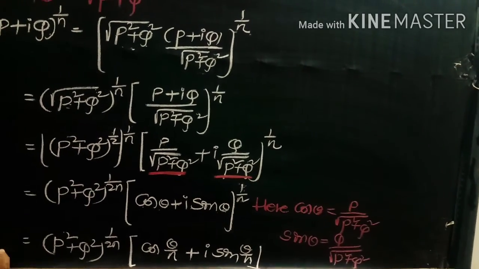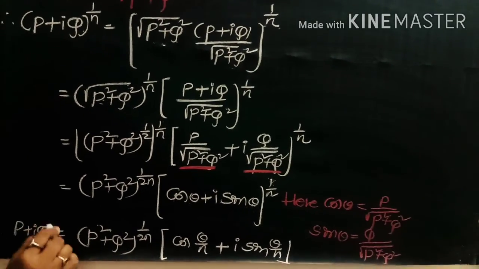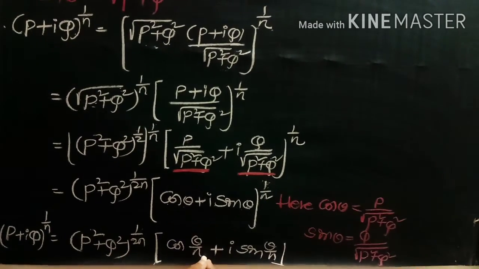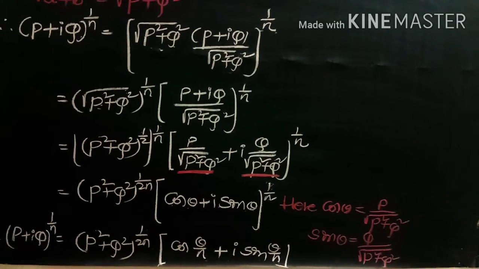Now this is the first value, therefore (p + iq)^(1/n) = (p² + q²)^(1/2n) [cos(θ/n) + i sin(θ/n)].